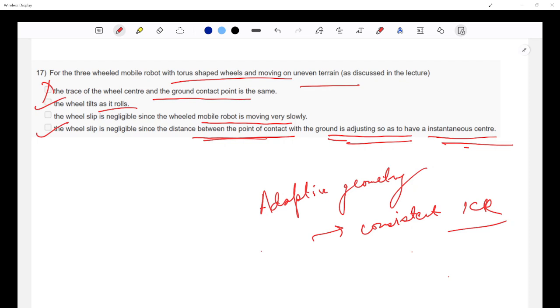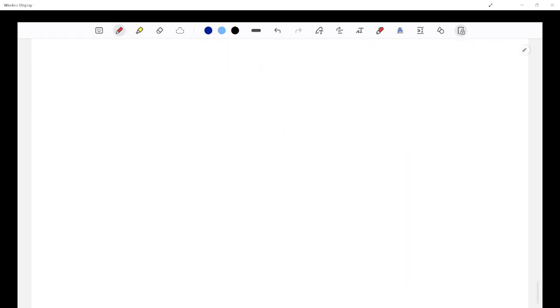Even slow motion can slip if geometry is mismatched. So when you see a torus wheel and uneven terrain, the wheel may tilt, geometry adapts, ICR is maintained, and slip is minimized. The torus wheel adapts its shape and orientation so that the robot can roll without slipping even on uneven terrain. Okay, let's move to the next question.